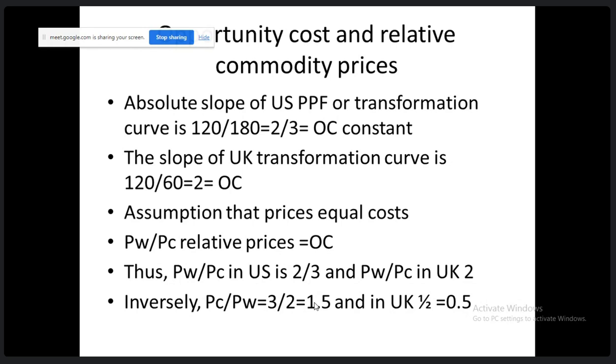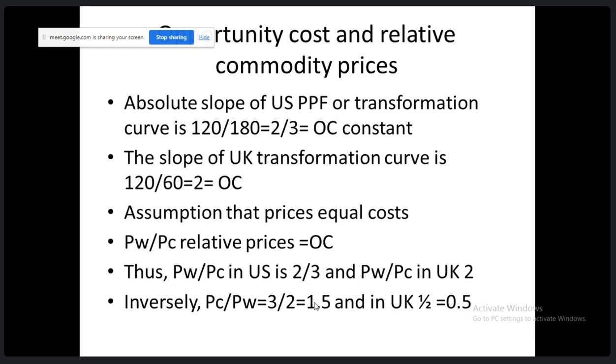So when we want to express comparative advantage, what do we say? That US in terms of opportunity cost has a comparative advantage in the production of wheat and UK has a comparative advantage in the production of cloth. Now we have expressed it in terms of relative prices.